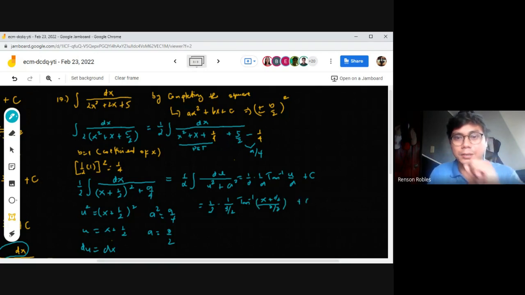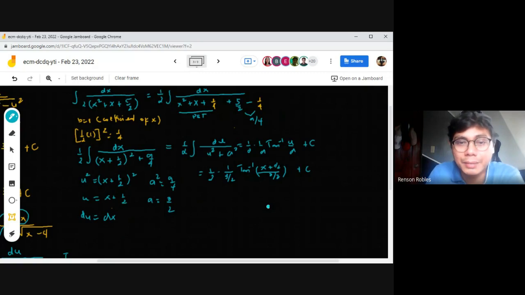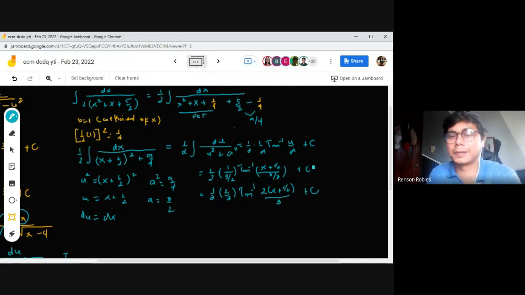And then plus c. Then ayusin lang natin. Times 2 ha. So 1/2 times 1 over 3/2 can be written as 1/2 times, you take the reciprocal of this, 2/3. Then arctangent, you take the reciprocal of this, 2 times x plus 1/2 all over 3 plus c.